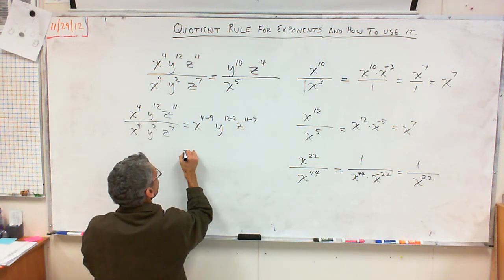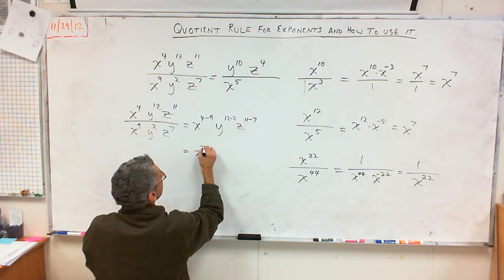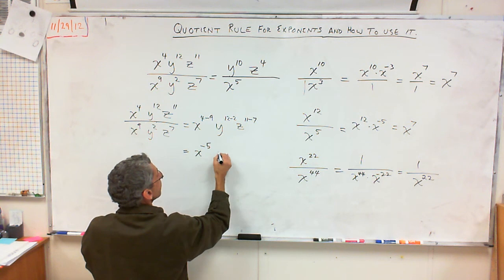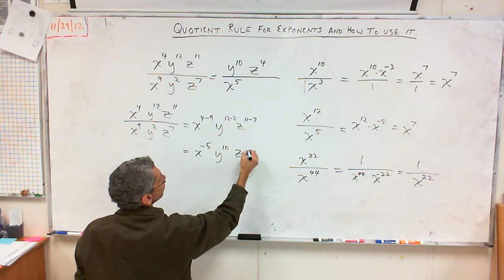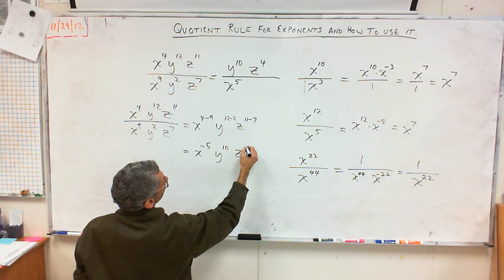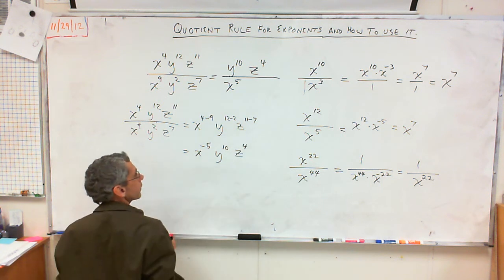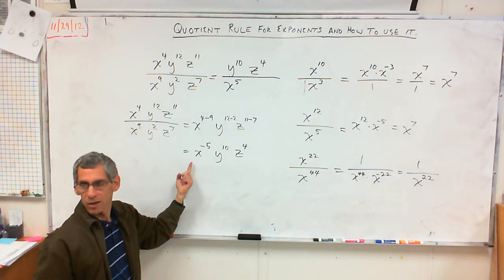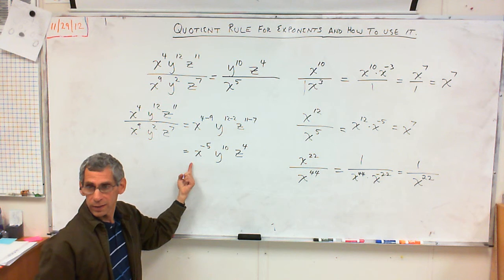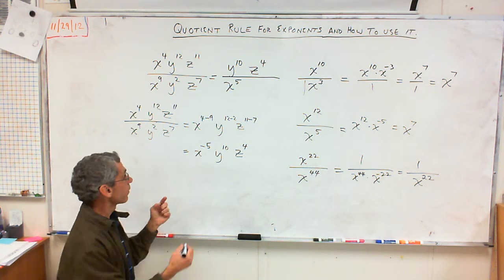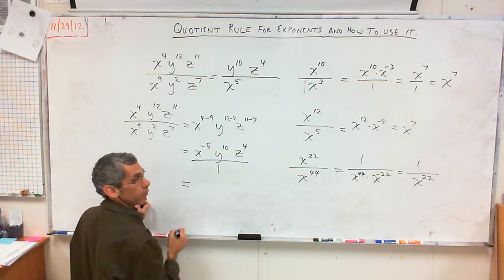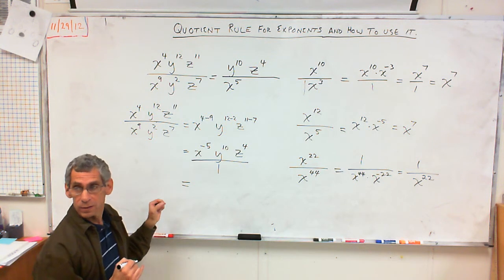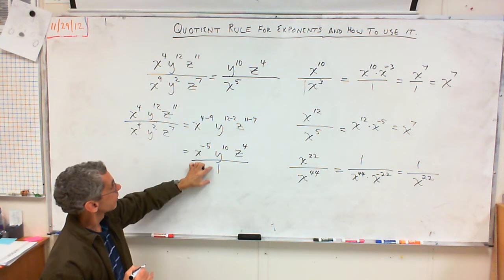Okay, so now I'm going to simplify that. I've got x to the negative 5, y to the 10, z to the 4th, right? Okay, so I still have this doggone negative sign in my exponent. So I've got to rewrite it again. What I'm going to do is put it over 1 to have a fraction, and then this I'll bring downstairs.